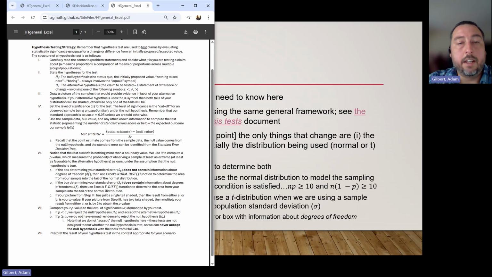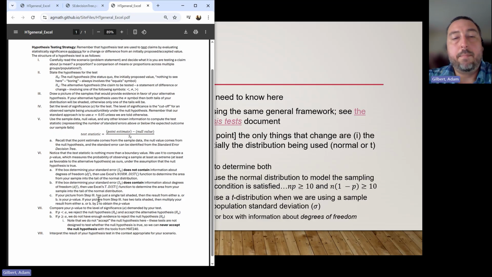Luckily, in the case of proportions, we won't need to use the t-distribution. We'll be able to use the normal distribution as long as our success-failure criteria are satisfied, which, remember, says that we need to have a large enough sample so that we expect to see at least 10 successful outcomes and at least 10 failed outcomes.